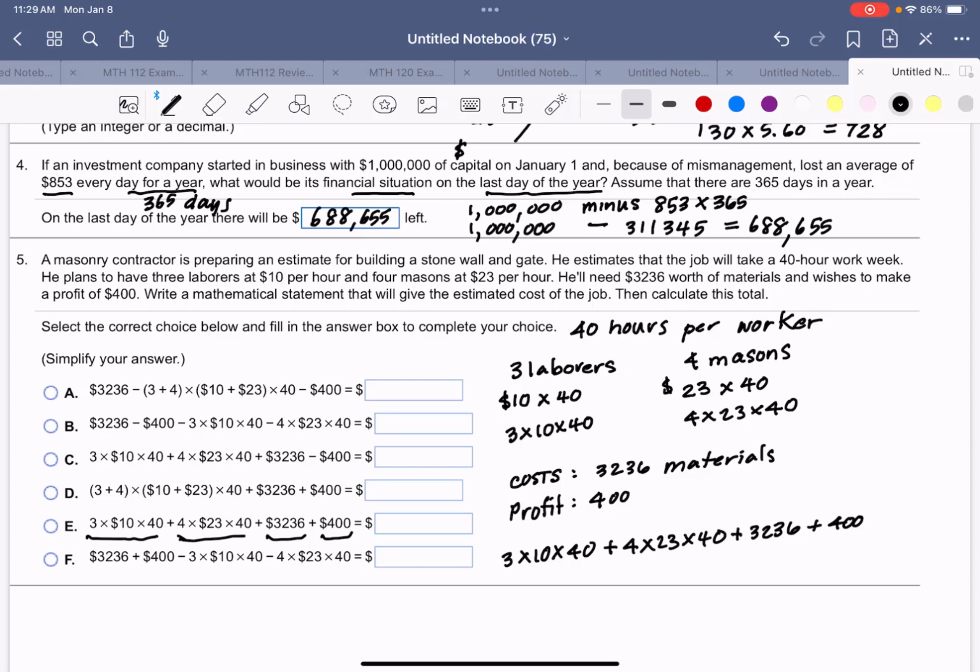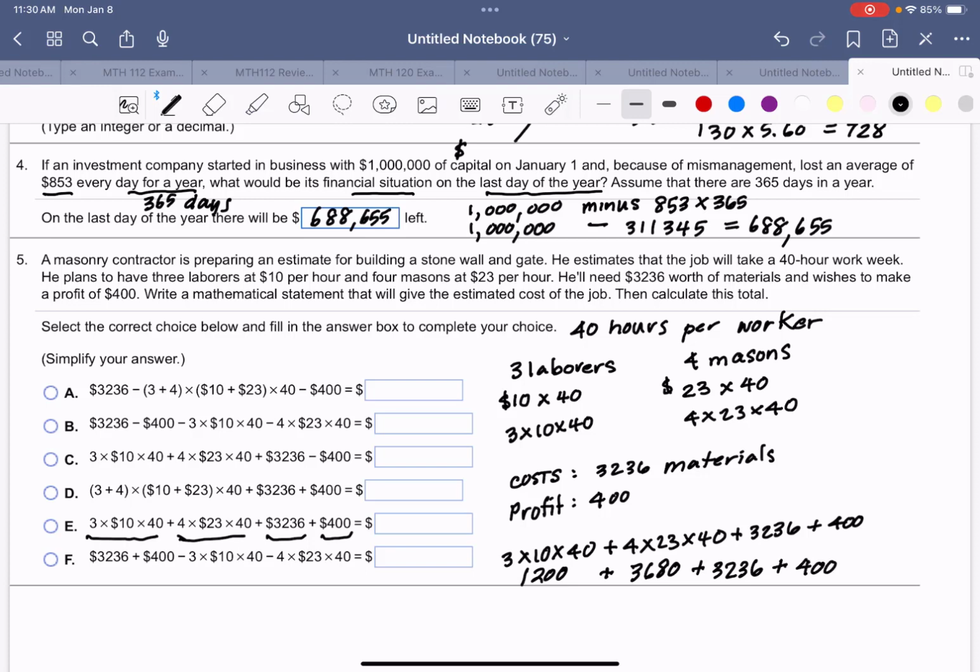So all of these are going to be the total that the contractor has to collect. He needs to collect the 3 times 10 times 40, or the $1,200, in order to pay his laborers. He has to collect 4 times 23 times 40 in order to pay the masons. He needs to collect $32.36 to pay for the materials, and then he wants $400 in his pocket to go home.